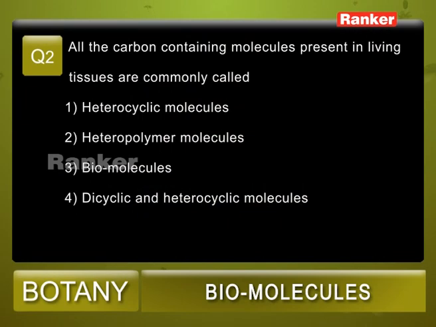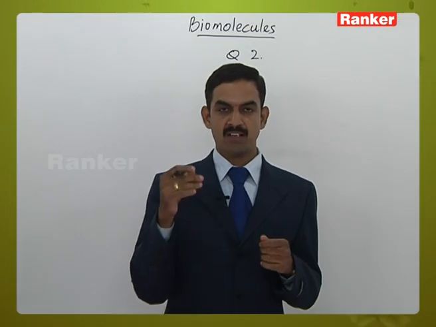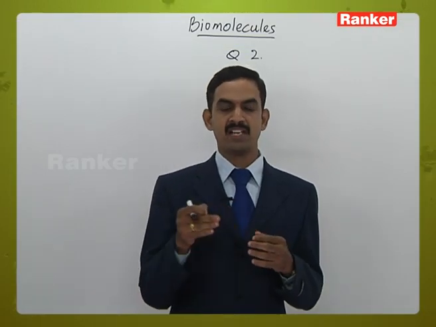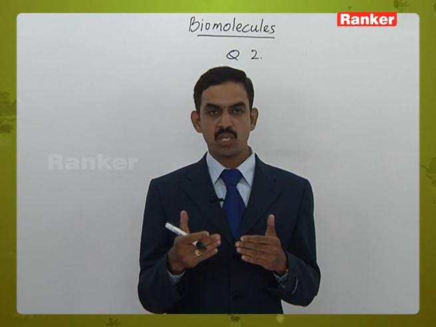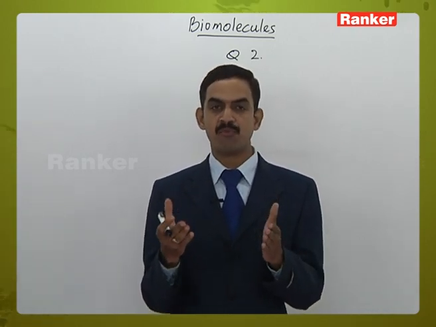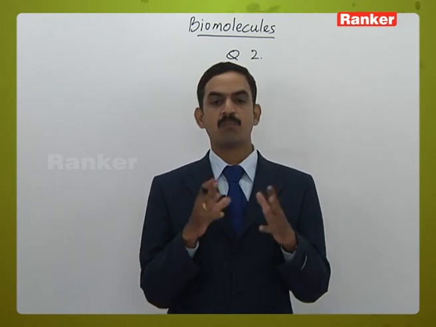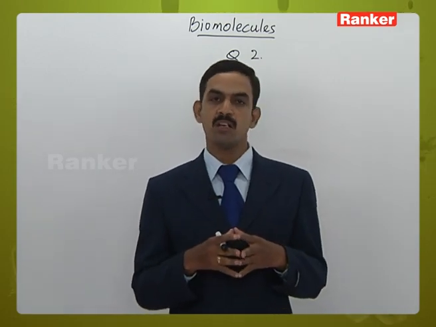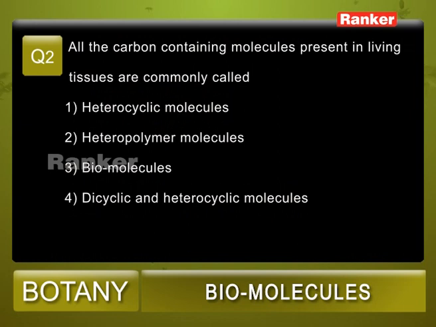Then second one is heteropolymer molecule. The word polymer means it's a giant molecule which is made up of repeated units, and each unit is differing from one another. Such a polymer is called a heteropolymer molecule. Then third one is biomolecules.